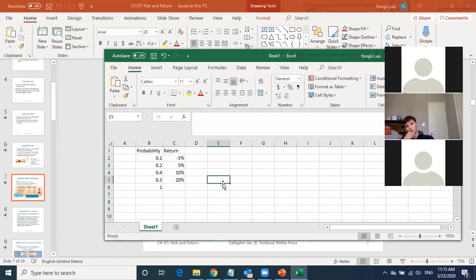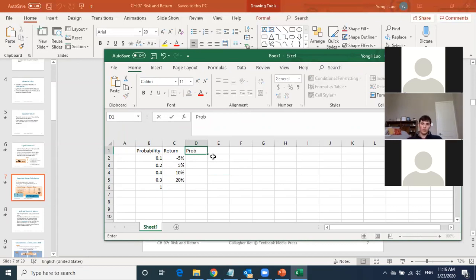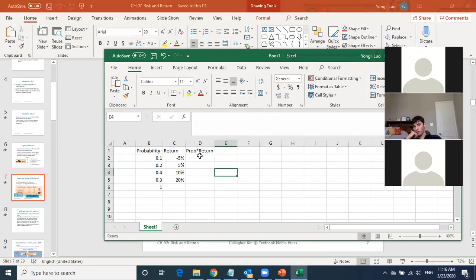So what you can do is calculate expected return using the probability times your return. So that's how you calculate your expected return. Expected return is your probability times your return.